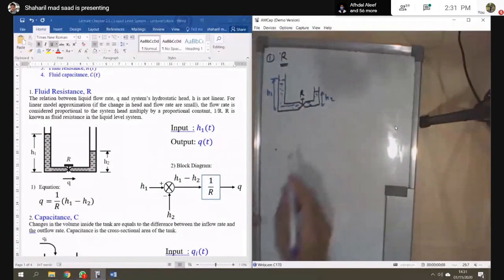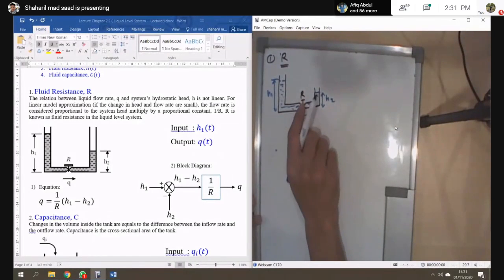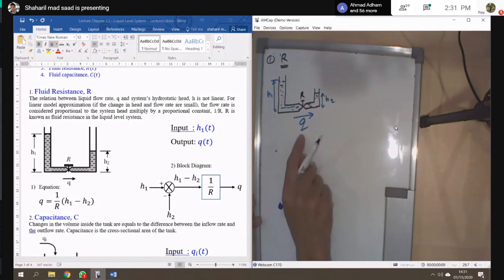Then you want to look at the flow rate at this valve, or the resistance here, R. You want to look at Q, the flow rate.